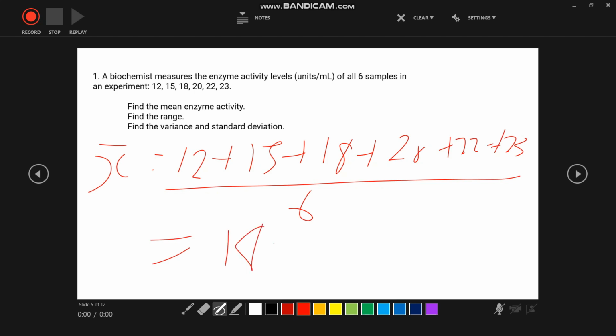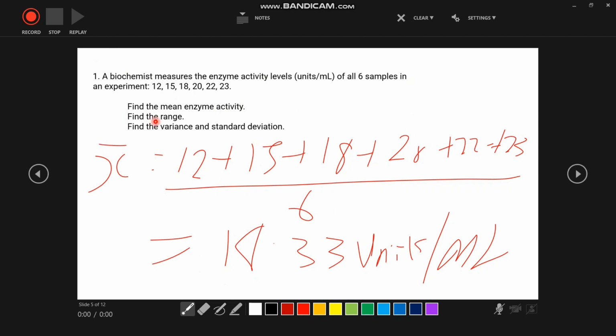This will give us 18.33 units per ml. So the mean is 18.33. And is this low dispersion or high dispersion? Is the mean close to the data set or is it far from the data set? It is close actually. So this is low dispersion.